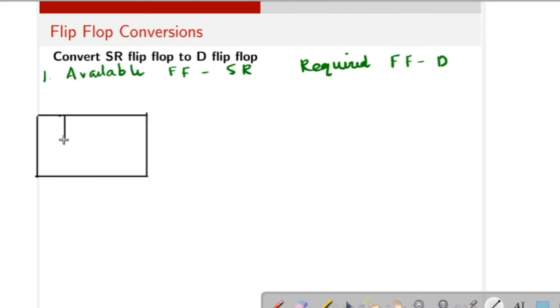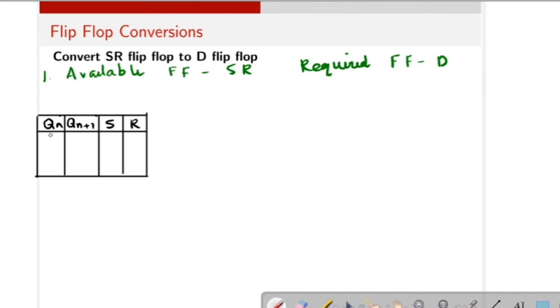So it has two inputs Qn, Qn plus 1 and two outputs S and R, right? So here Qn, Qn plus 1, S and R.